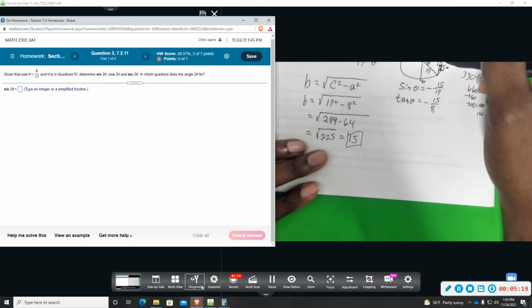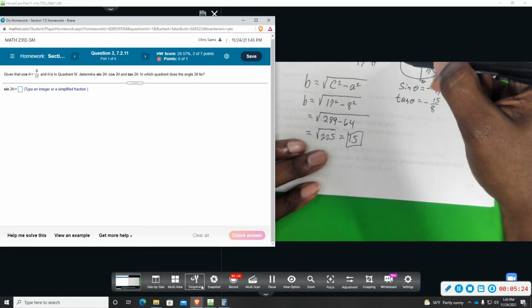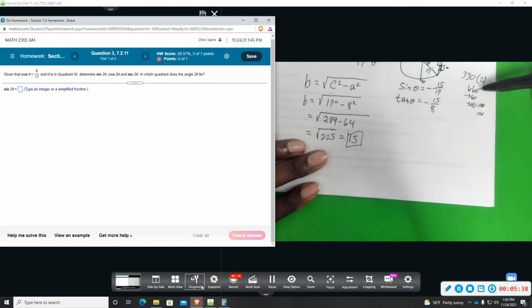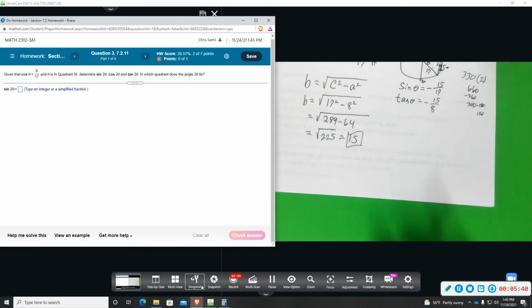Would I still be in quadrant 4? If 330 was my angle, yeah, I would be right back here. It'd be almost double. So we'll see that when we get to that point.